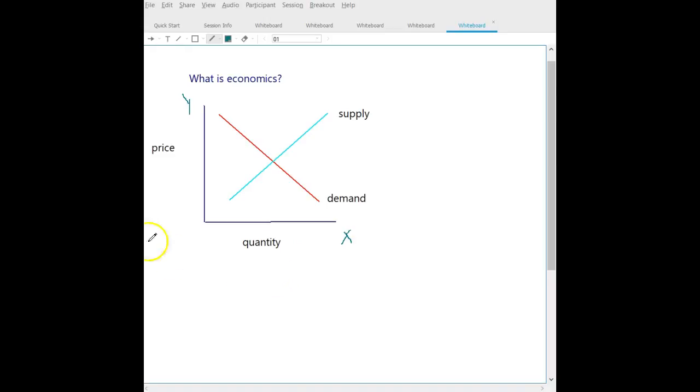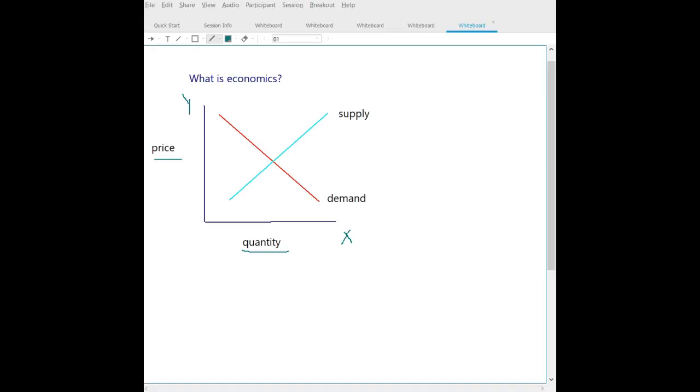On our y-axis, we have our price, and that would be our dependent variable. That means that price depends on quantity as well, so quantity would be our independent variable. So that's how it is right now.